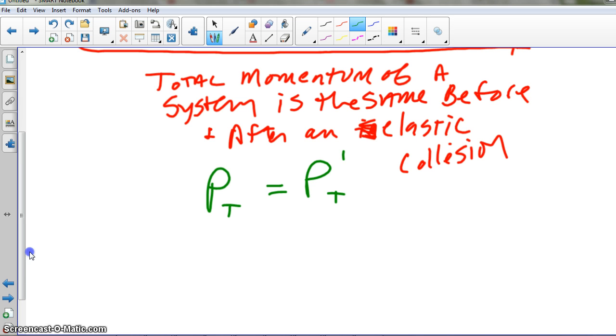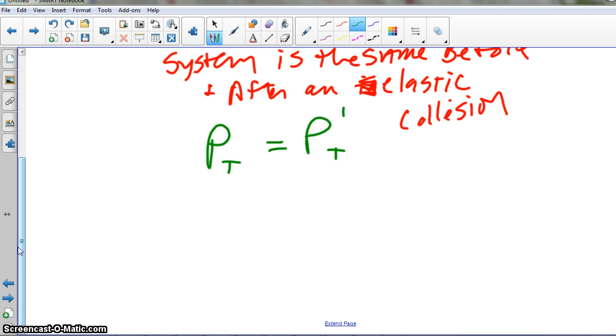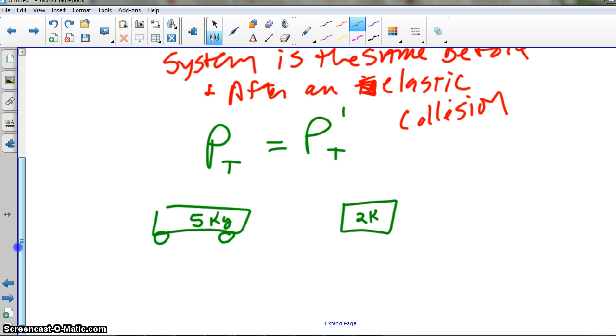So, what does this mean? Well, we need to maybe focus on one example. Let's look at an example of two carts. Let's have a cart that has a mass of 5 kilograms, and another cart that has a mass of 2 kilograms.